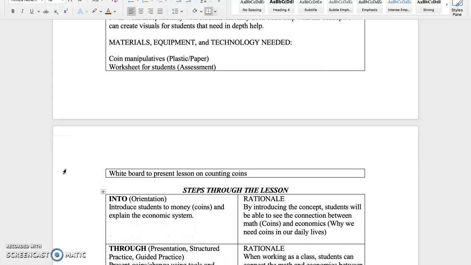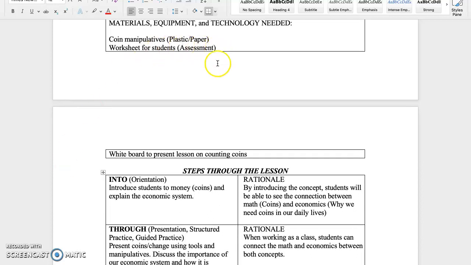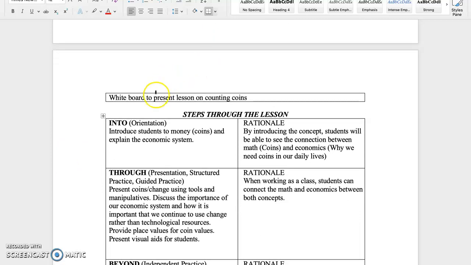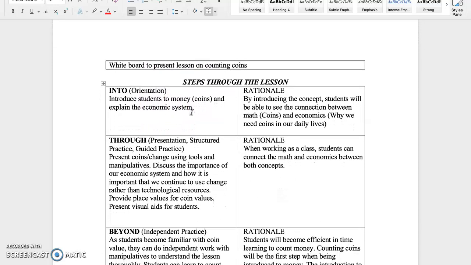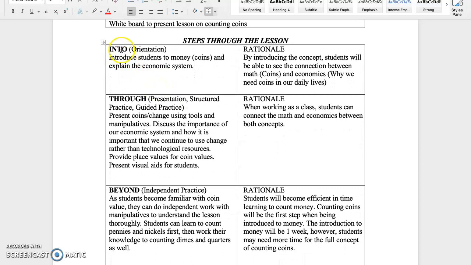Equipment-wise, I would provide coin manipulatives, plastic, paper, the assessment that I did talk about, and a whiteboard to present my lesson. And then, of course, my intro.